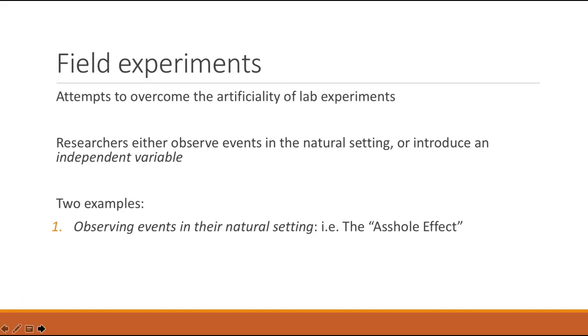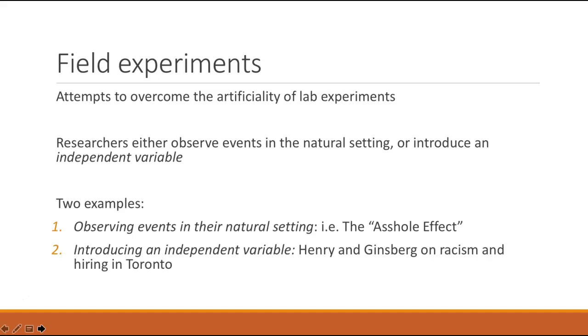The research on the asshole effect is a good example of that. An alternative method is to introduce an independent variable and observe its effect. A great example of this is the pioneering work that was done by Henry and Ginsberg on racism and hiring in the city of Toronto.